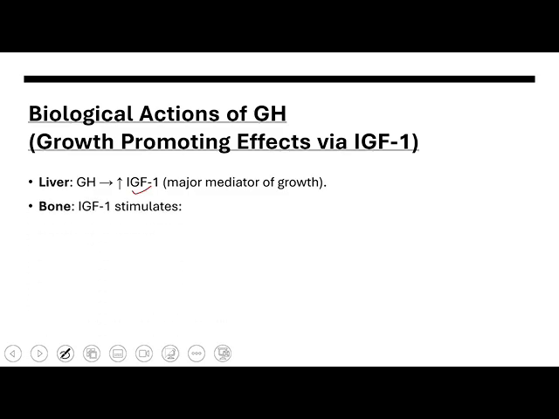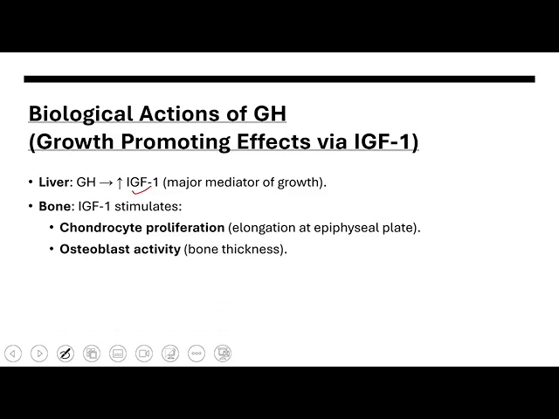And this insulin-like growth factor stimulates various activities, and in the bone, this leads to chondrocyte proliferation, and this happens before the epiphyseal plate closure, before puberty, when there is an open epiphyseal plate. But once that gets closed, then that will lead to appositional growth, that is, osteoblast activity begins to direct in that direction and will begin to increase the width of the bone.